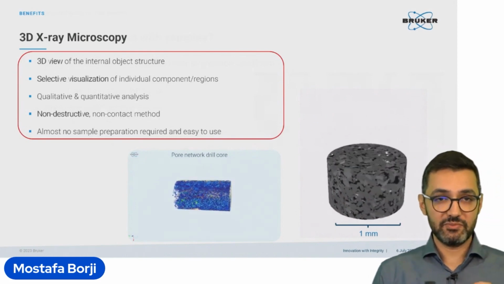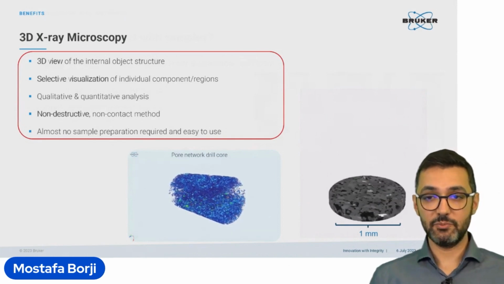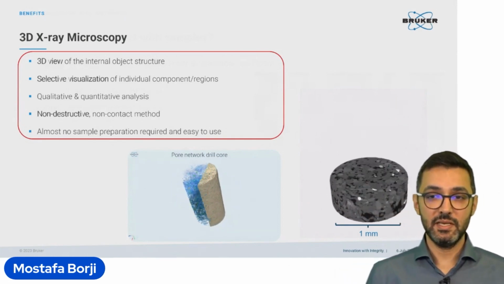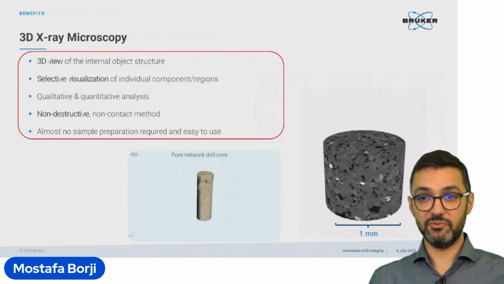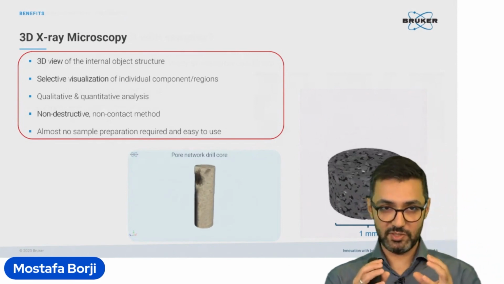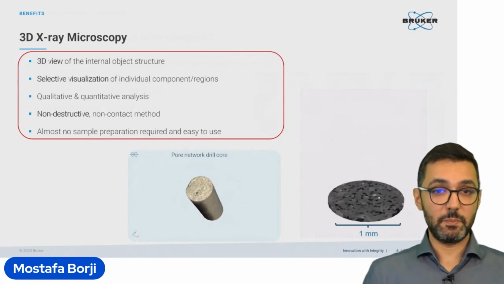We also can have selective visualizations of individual components or regions. I will talk about this in the examples in more detail, but when we have a larger sample and we want only a specific part of it, we can focus on that part and have it scanned. So we can have a selective visualization.